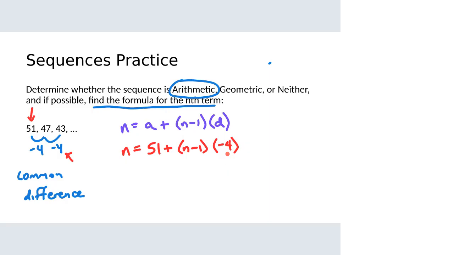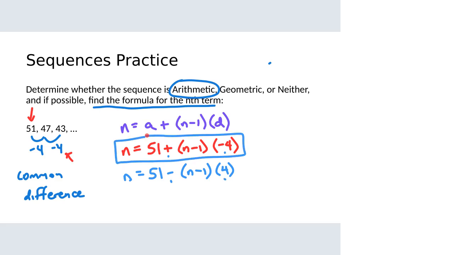It's also perfectly fine if it just makes more logical sense for you to write it this way, that a_n equals 51 minus n minus 1 times 4. That instead of adding a -4 each time, we are going to subtract 4 each time. Either of these is perfectly fine for this answer.